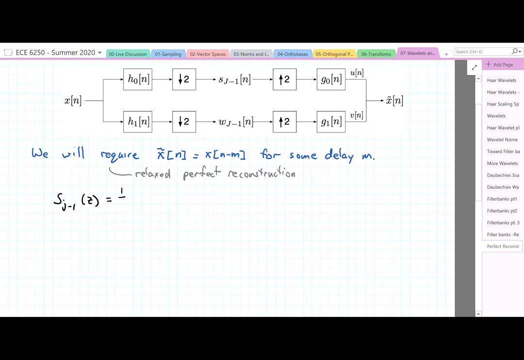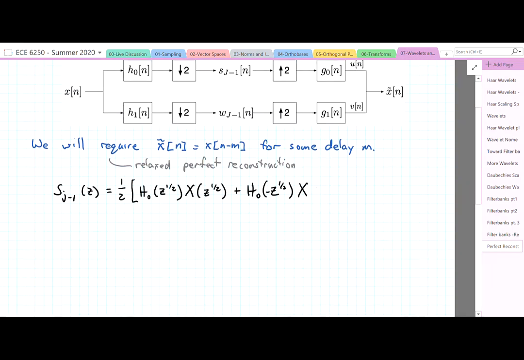We have that that's equal to 1/2 H0 of z to the 1/2 times X of z to the 1/2, plus H0 of negative z to the 1/2 times X of negative z to the 1/2.